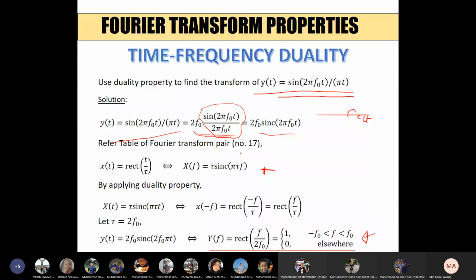That is time frequency duality. What I showed earlier, remember? A pulse in time domain will give a 1 in frequency domain, and a 1 in time domain will give you a pulse in frequency domain. That is the duality. It is the same as this one.